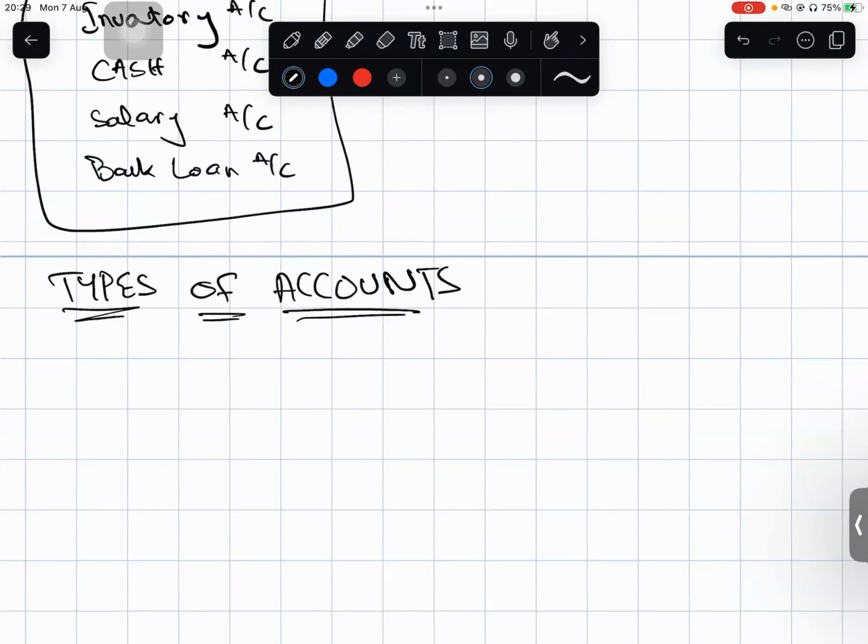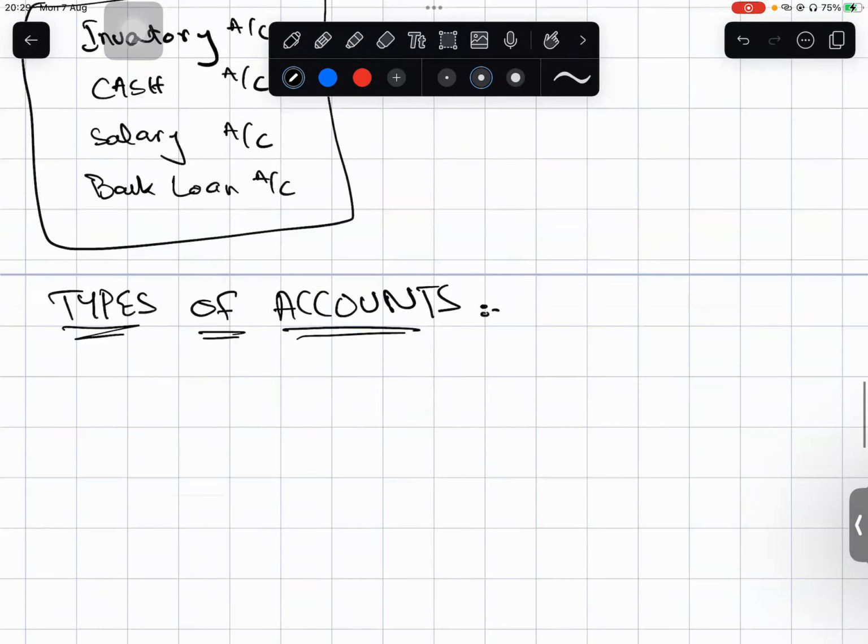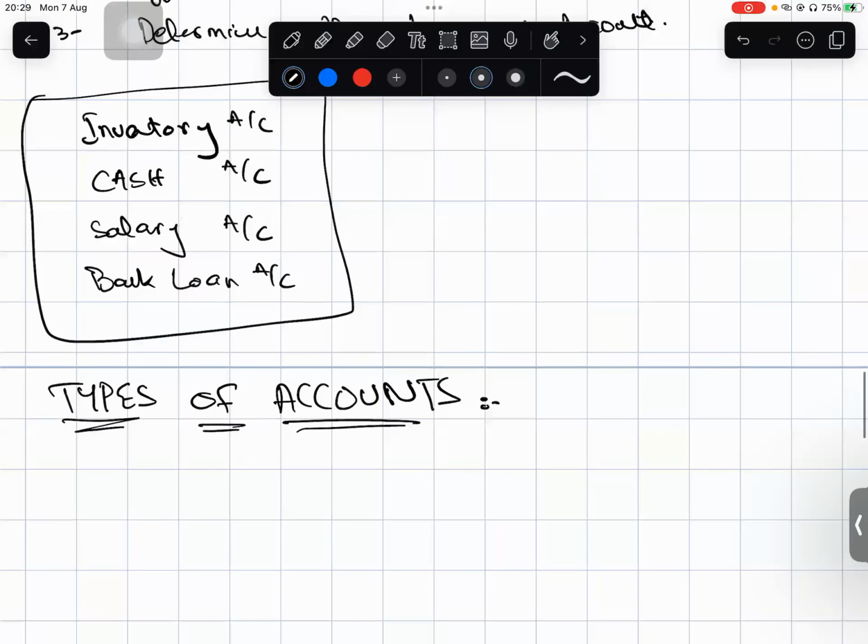If it gets too much, then please let me know. Okay. So in accounting, you will see hundreds of accounts, right? Every single account that you're going to see is going to fall in one of 5 categories. That's it. This is what makes the life of an accountant very easy.